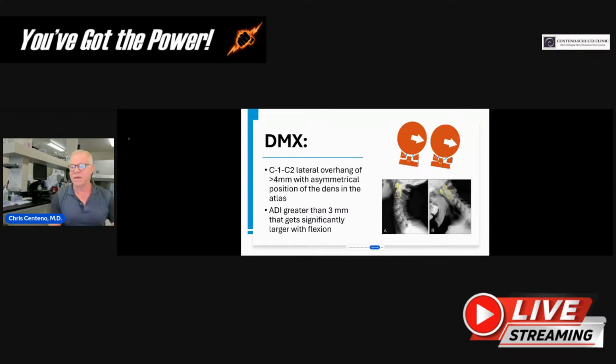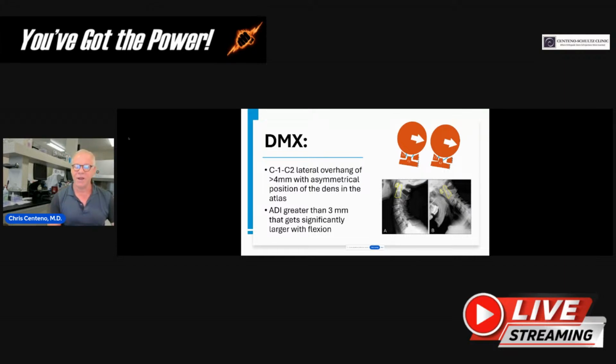And then finally, DMX. This is based on the Katz and Freeman paper. C1, C2 lateral overhang of greater than 4 millimeters is what I use, with asymmetrical position of the dens and the atlas. There's some analysis to be done as to whether it's 3 or 4. 4 has the fewest false positives.